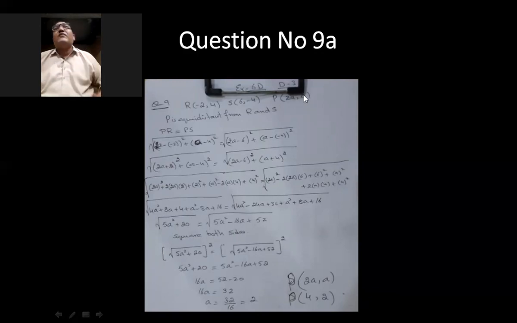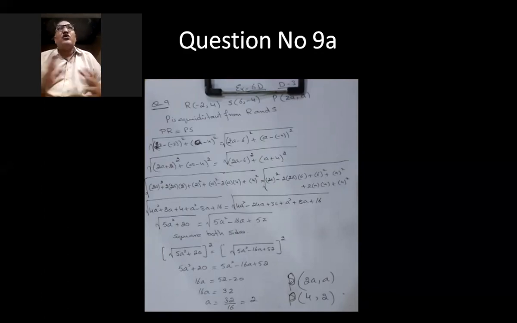So suppose the y coordinate is A, then the x coordinate will be 2a. You can suppose it x, y, z, w, whatever name you like. So if the y is A, then the x will be 2a.